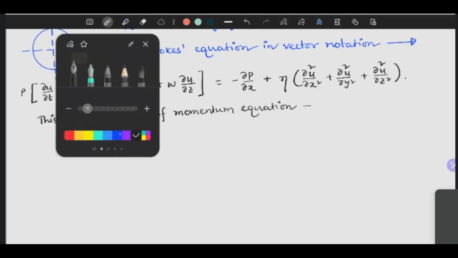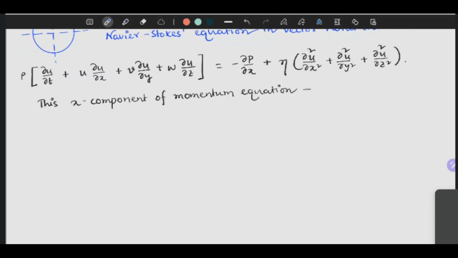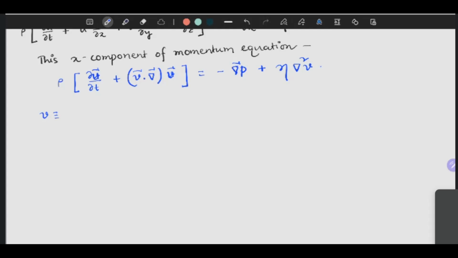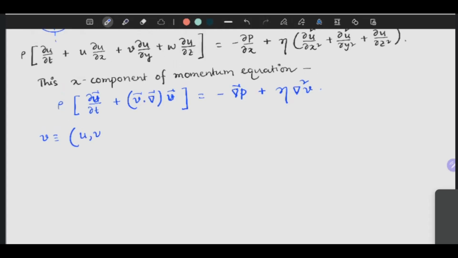So what is that equation? That equation is rho (du/dt plus V dot grad u) is equal to minus grad p plus eta Laplacian V. So V has three components, u, small v, w.